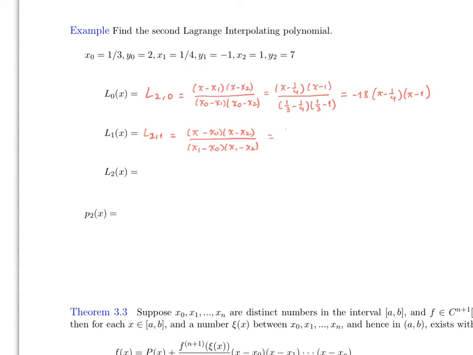So then this will be x minus 1/3 times x minus 1, and then this is 4 minus 1/3, 4 minus 1, and this is equals to 16 x minus 1/3 times x minus 1.